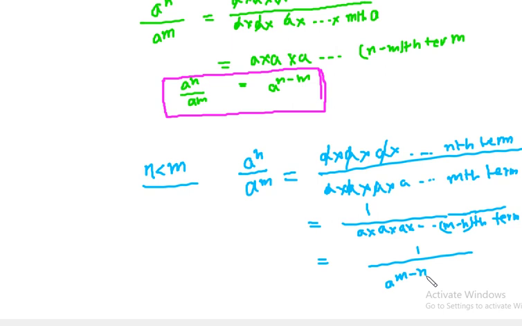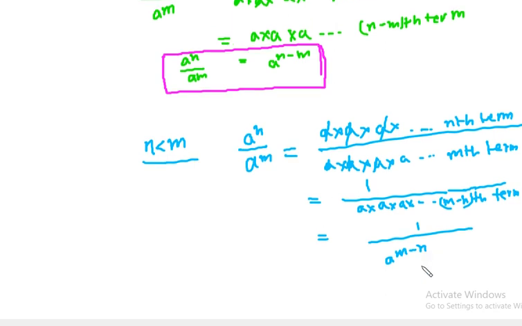At the very beginning we said that we are using this short form, writing like that. So this is what is happening here, a to the power n by a to the power m. But if we consider that this is the general formula for any values of n and m, then we could just write this as a to the power n minus m.